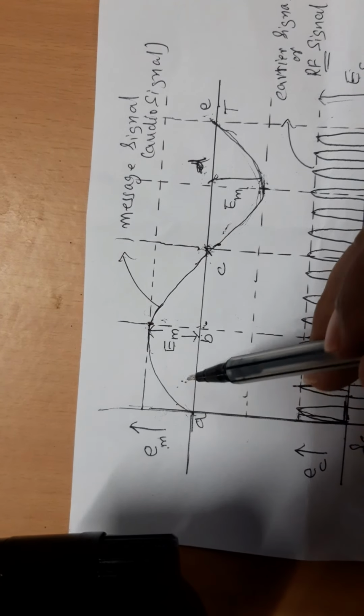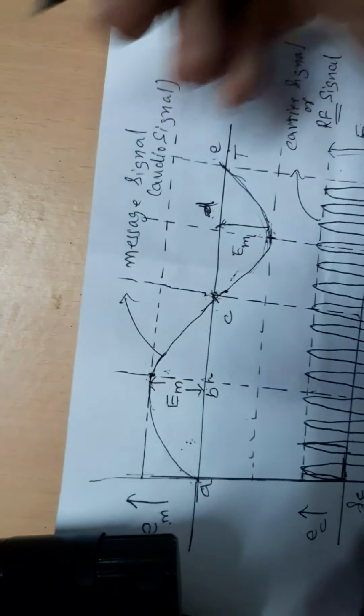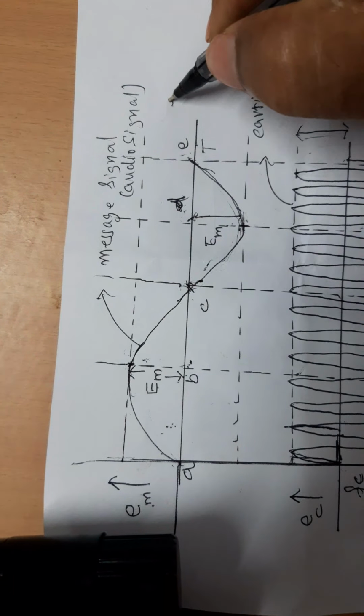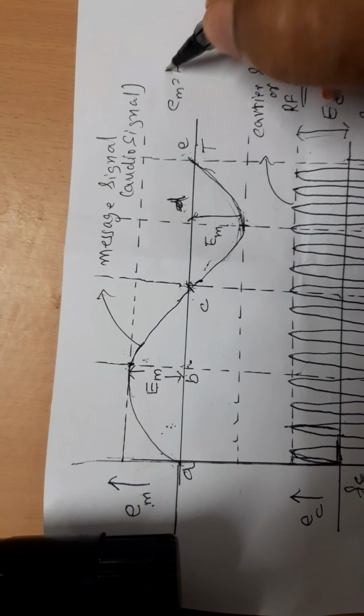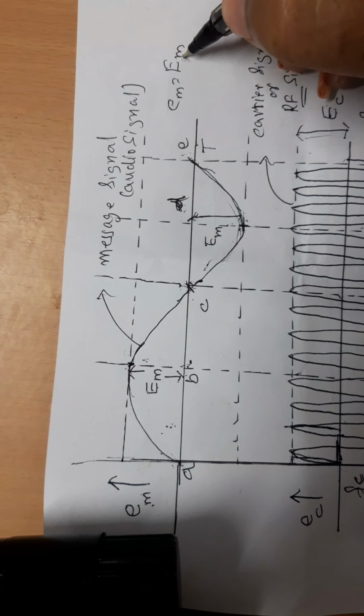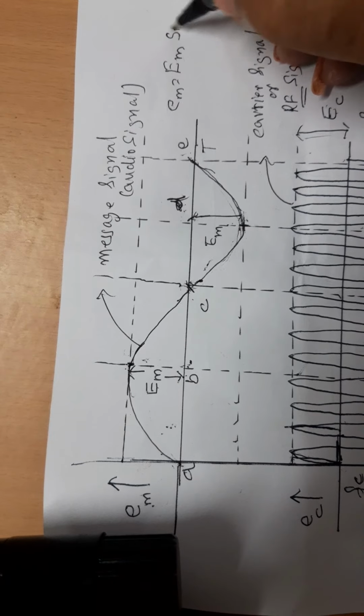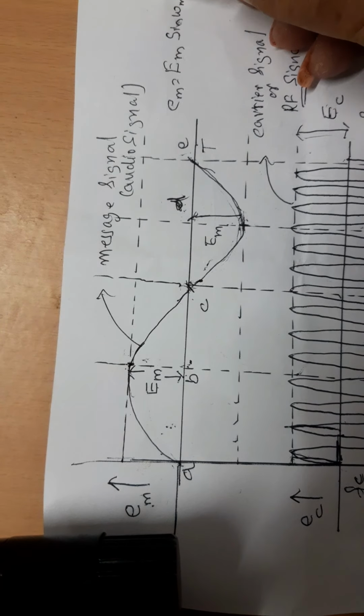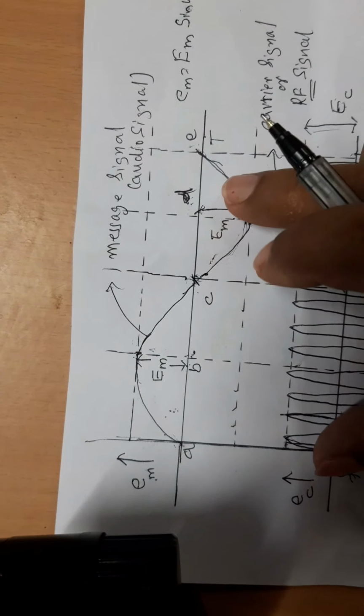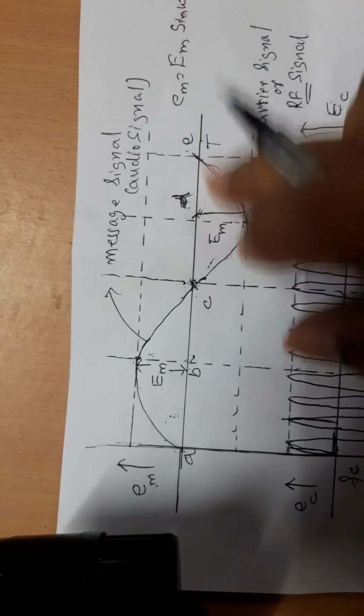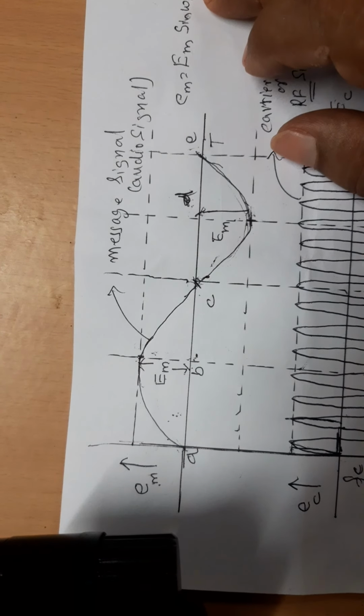Therefore, the equation of this is represented by em is equal to capital M, the maximum amplitude, into sine of omega m t, because it is a sine curve, where the frequency is Fm, the modulating frequency.